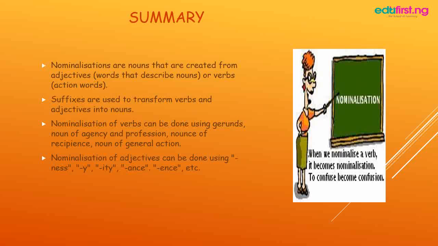Furthermore, we can see that nominalization of verbs can be done using gerunds, nouns of agency and profession, nouns of recipients, and nouns of general action. Finally, the nominalization of adjectives can be done using -ness, the letter y, -ity, -ance, -ence, and so on and so forth.